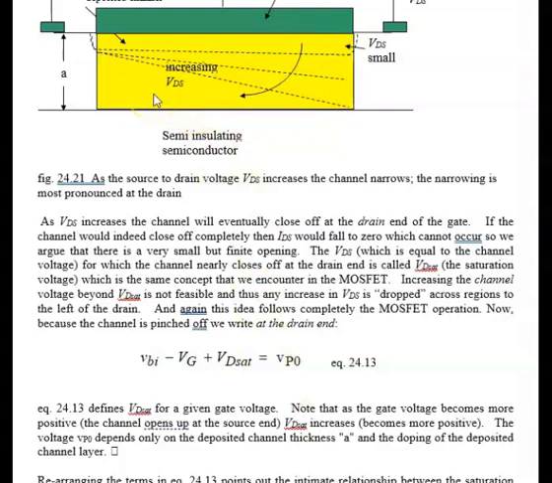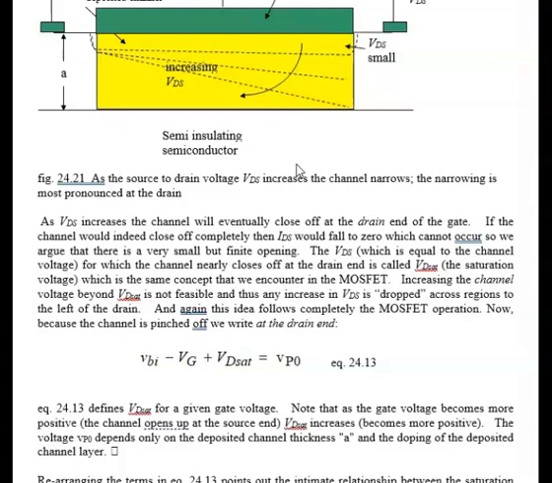Generally, the deposited channel has doping about an order of magnitude less than for a MOSFET substrate. MOSFET substrates will have substrate doping above 10 to the 17th.